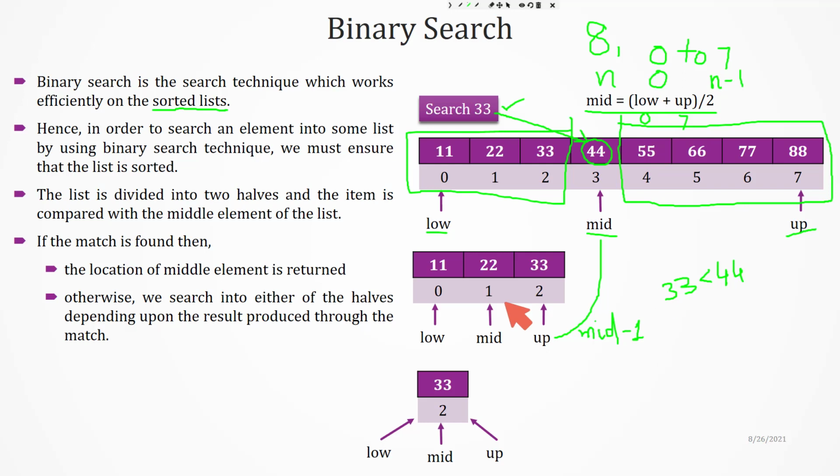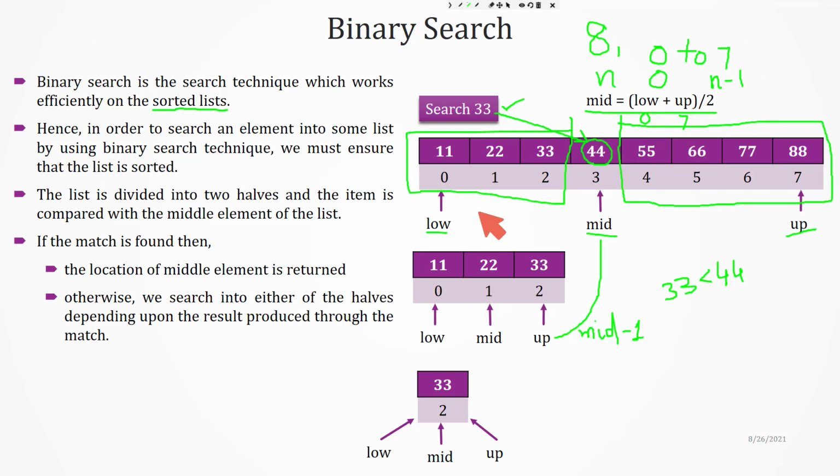Okay. Then the same technique will apply here. Now the list is a small list. I have low and up. I will calculate mid. Mid is 0 plus 2 by 2, that is 1. So mid is 1.